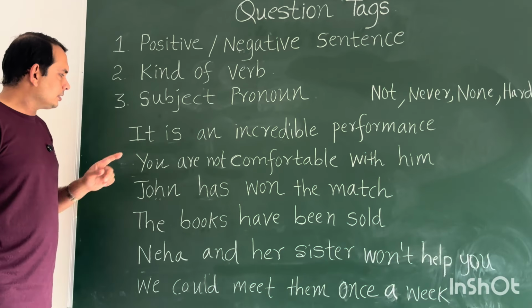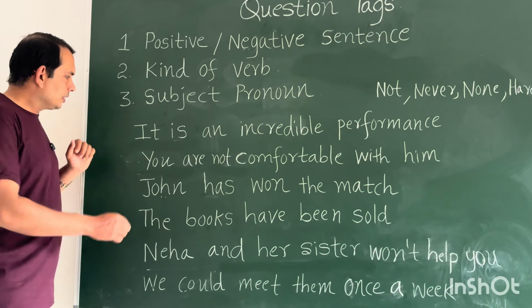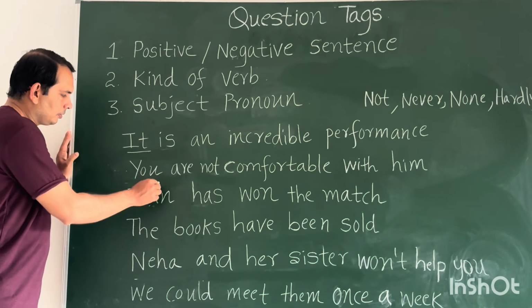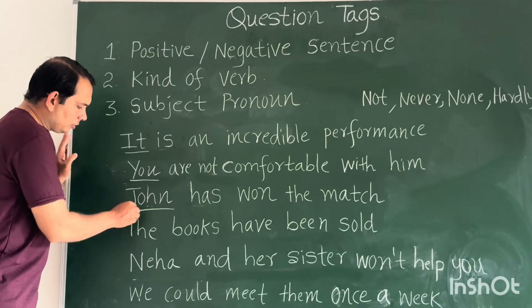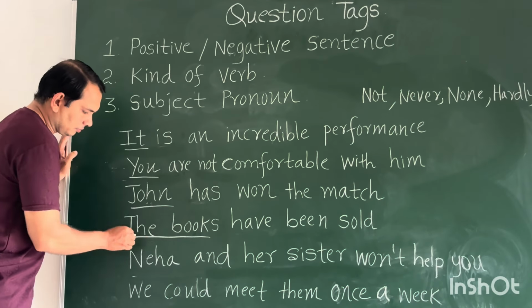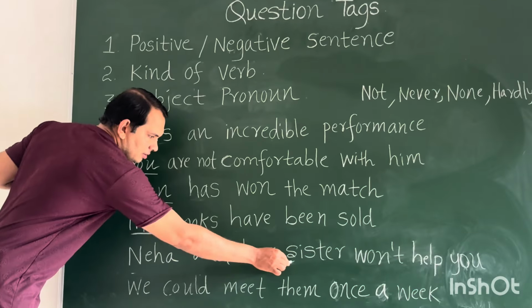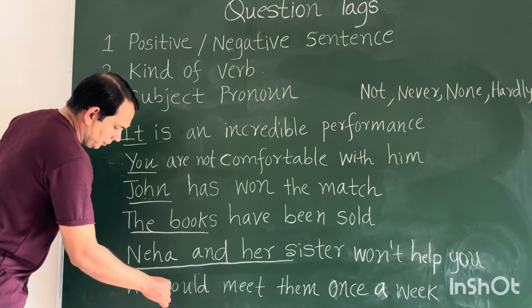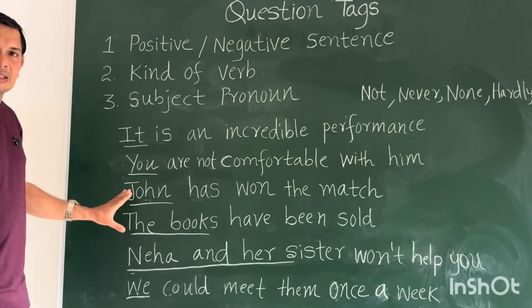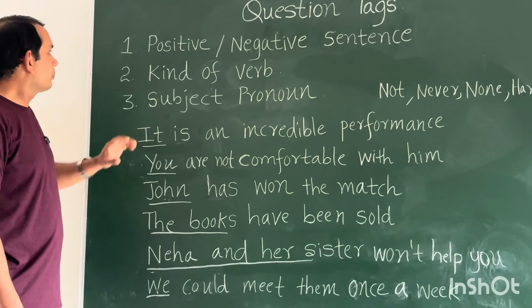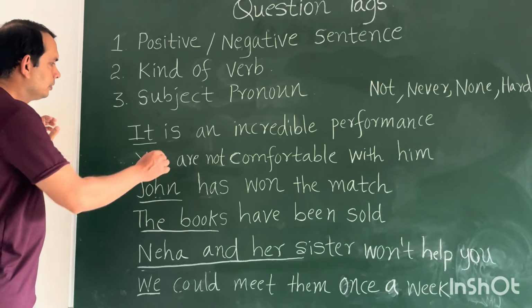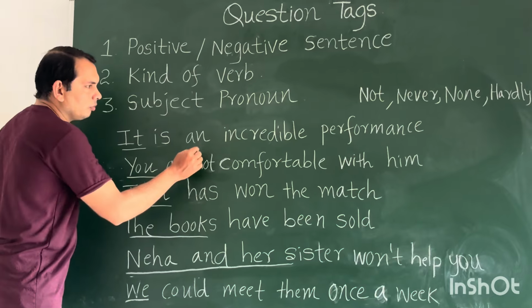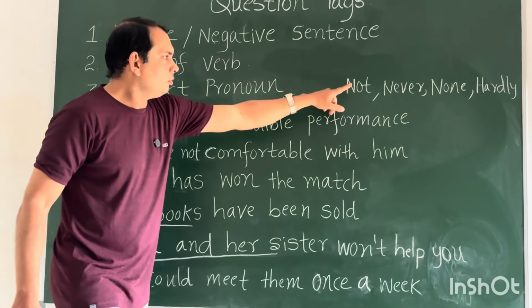Look at this sentence. The subject in this sentence is it, you, John, the books, Neha and her sister, we. These are called subjects in English grammar. Positive, negative. This sentence has no negative word.